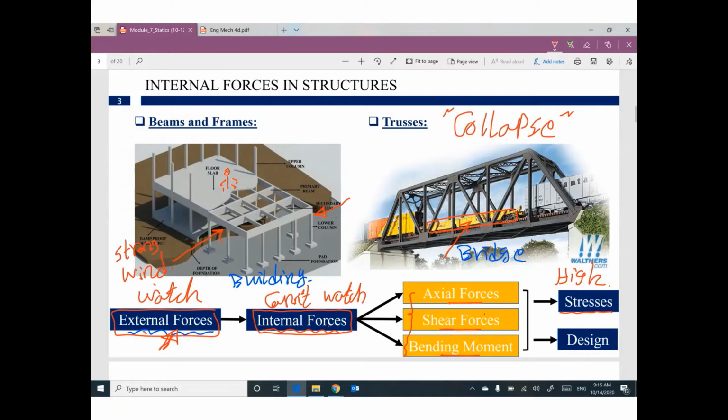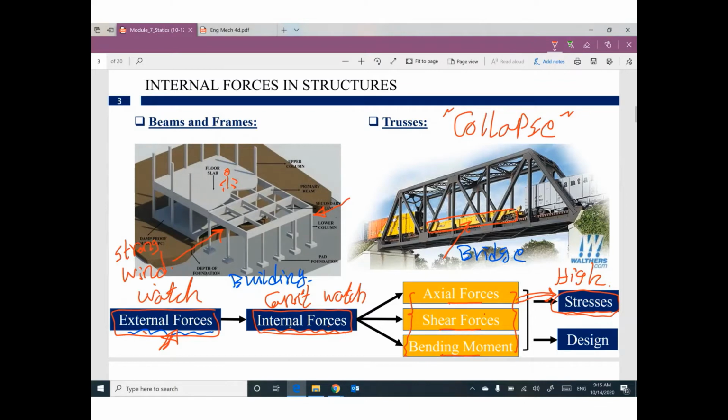These internal forces created stresses. And because the wind force was very strong, the internal forces are very strong, and the stresses created are very high.